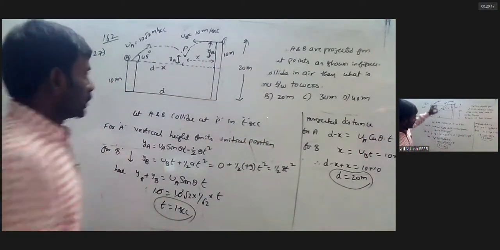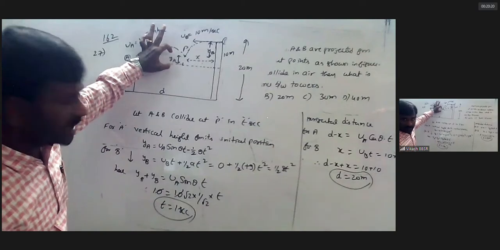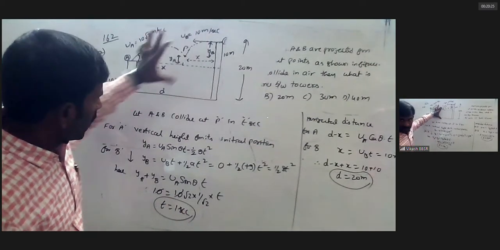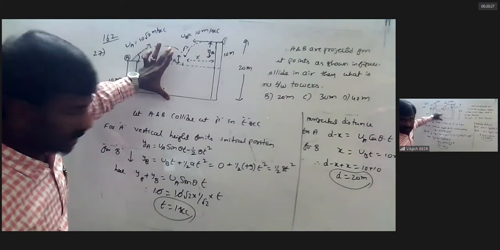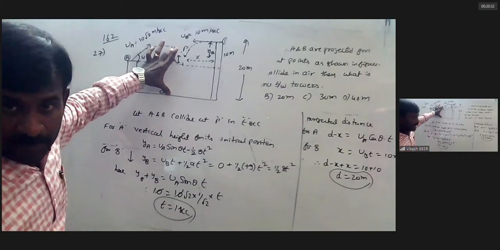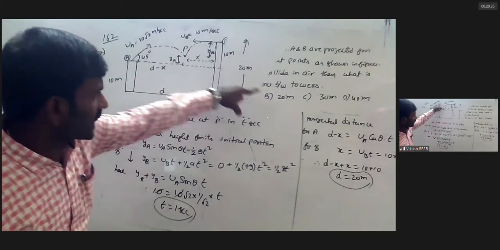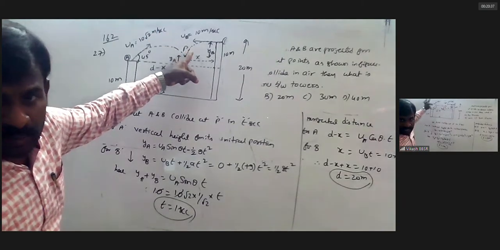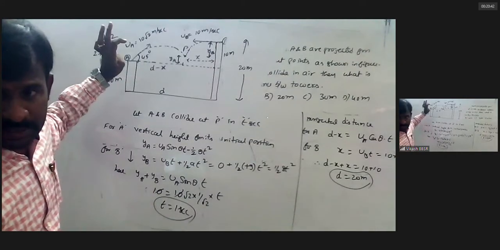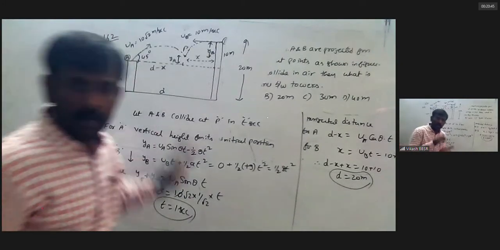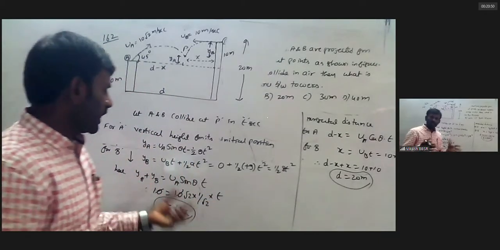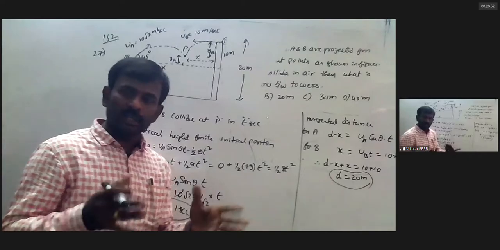So there are chances they ask the question about yA or yB, or from the bottom, which means 10 plus yA. And also you know the time. If you know the time, we can calculate the velocities of the first and the second particles also. Don't be bound to only one question. That is the advanced part.